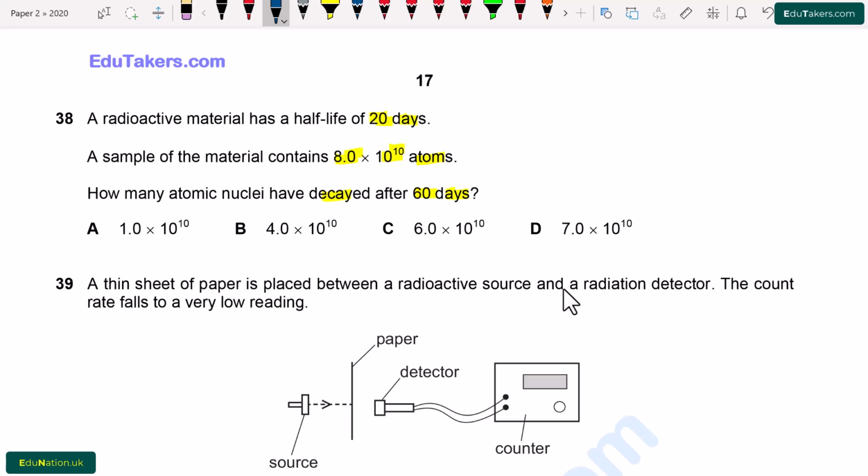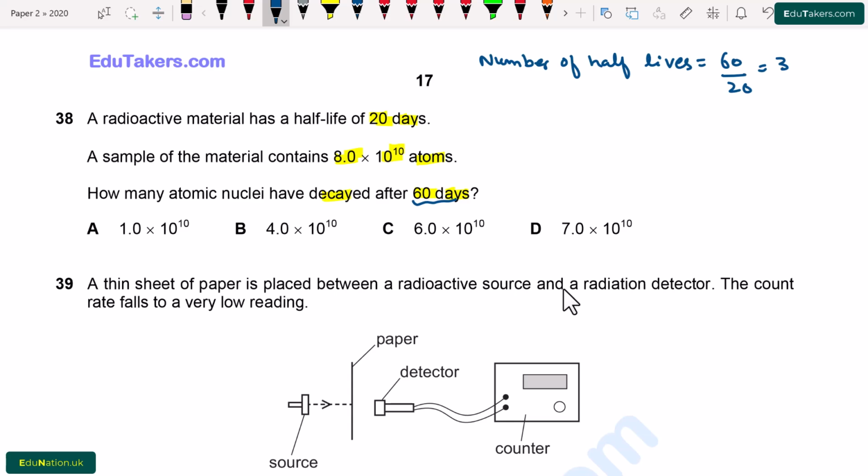We have to find the number of decayed atoms after 60 days. So first of all, I find the total number of half-lives. It will be equal to total time, which is 60 days, divided by half-life, which is 20 days.